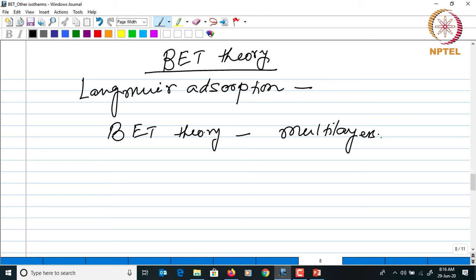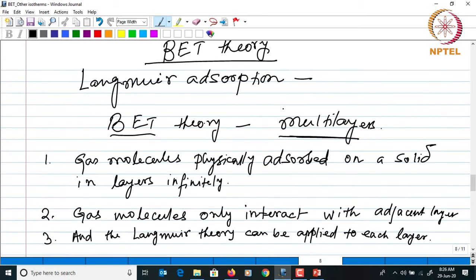Okay. So now, considering the multilayer formation in case of the BET theory, the equation for the Langmuir isotherm can be modified accordingly to obtain the BET isotherm, and in doing so, the following assumptions are made. Gas molecules physically adsorb on a solid in layers infinitely.